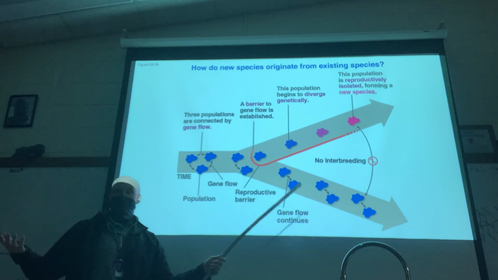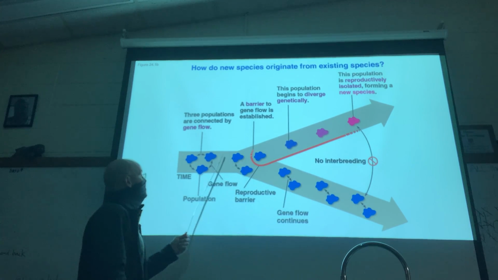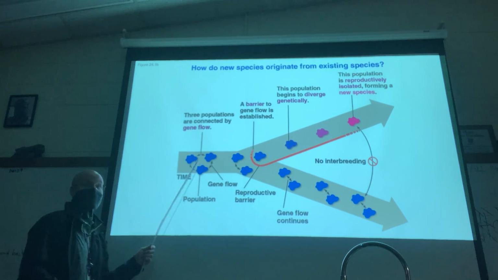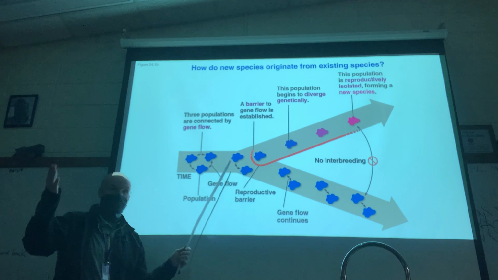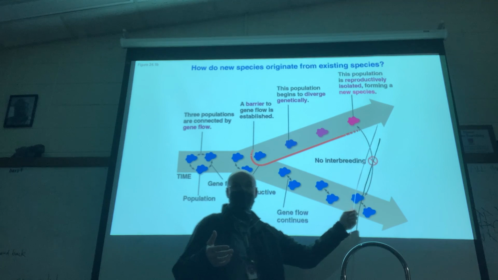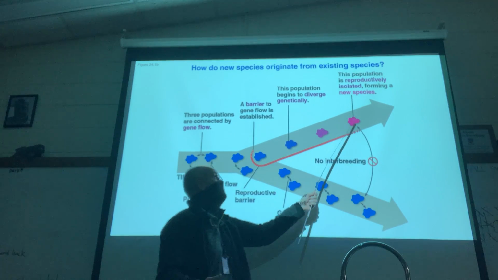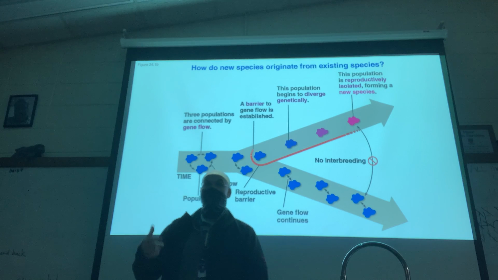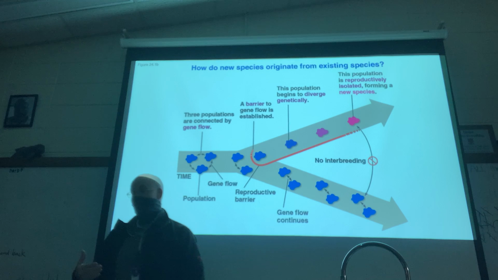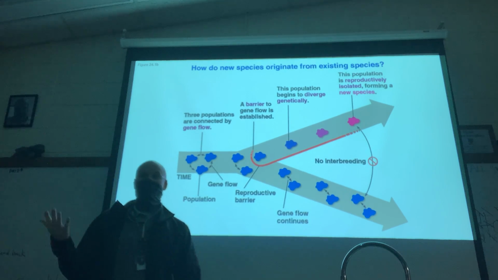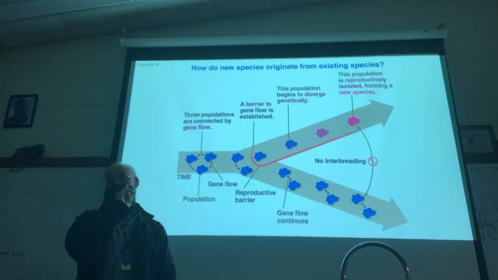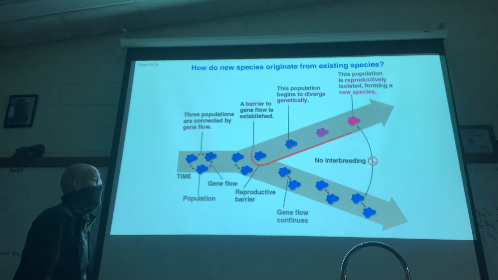What are the events and forces that could cause a population that is capable of interbreeding and is basically the same species to take its own path and eventually become so different that they don't look the same, or at the very least, they cannot interbreed with one another? There's probably a lot of different things you didn't think about or don't even realize exist, and a lot of them are all laid out on the next slide.